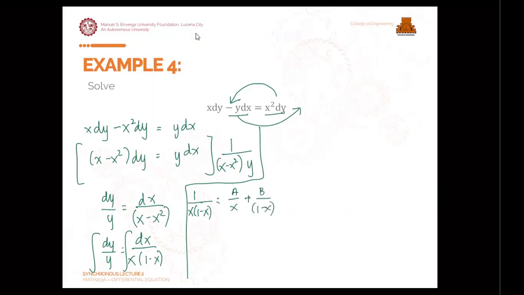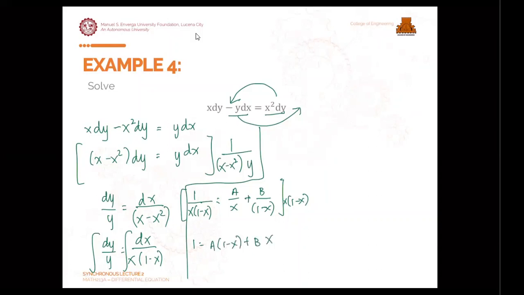Okay? Then simplify natin. So, we will have 1 is equals to, or multiply natin both sides by x times 1 minus x. So ito magiging a times 1 minus x plus b times x.